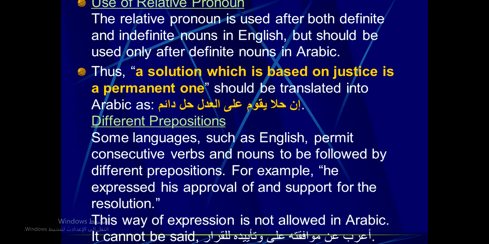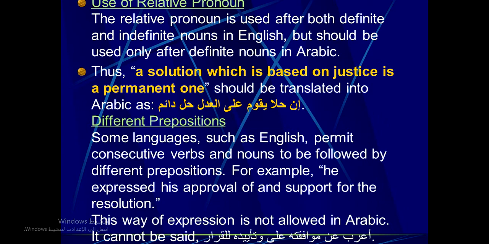The use of relative pronoun. The relative pronoun is used after both definite and indefinite nouns in English, but should be used only after definite nouns in Arabic. Thus, a solution which is based on justice is a permanent one should be translated into Arabic as إن حلا يقوم على العدل حل دائم.